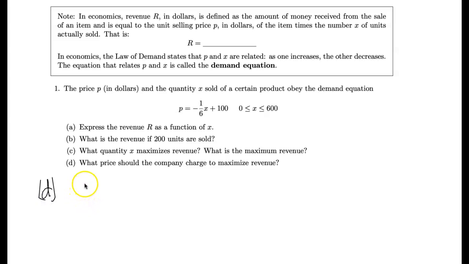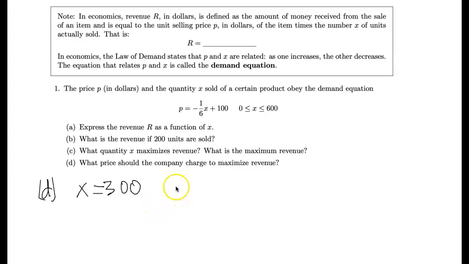From part C, we found X equals 300 will tell you where the maximum revenue is going to occur.